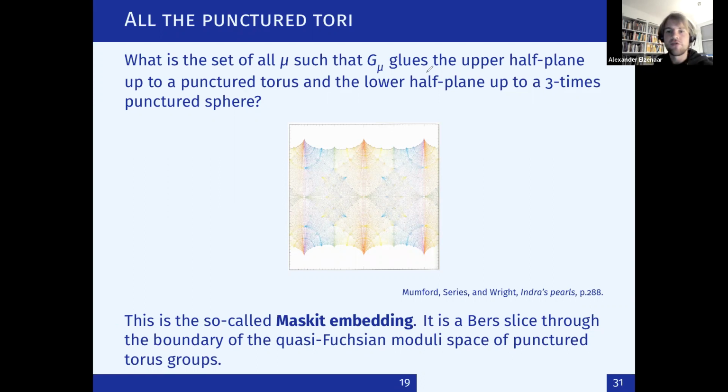I mean, it's possible to work out a nice theory in the case of the punctured torus, and also in the case of the 4-times punctured sphere, and in various other cases. But all of the cases that I know of where this is possible are when you take slices through the boundary of the moduli space of Teichmüller space of genus g.